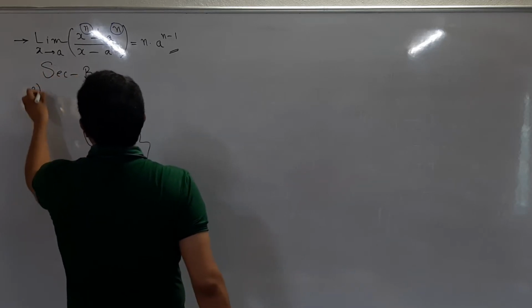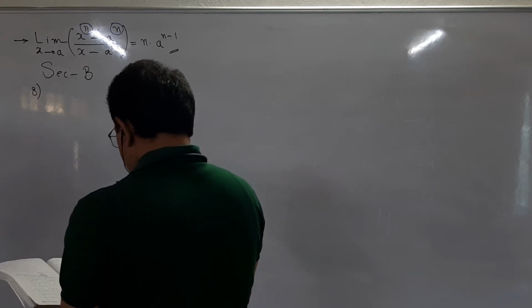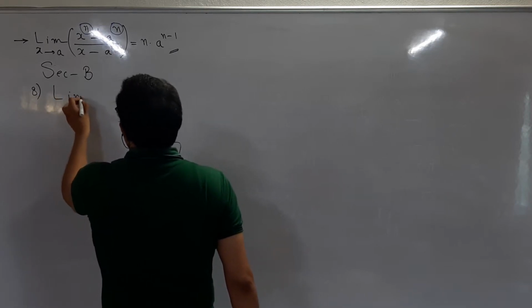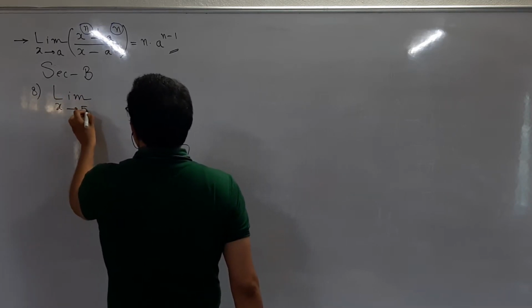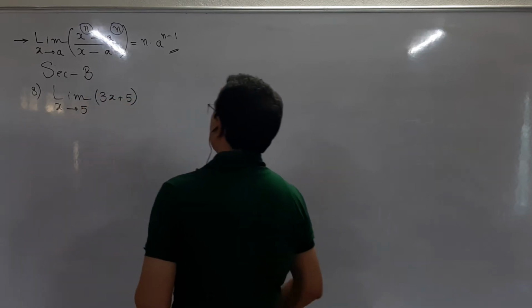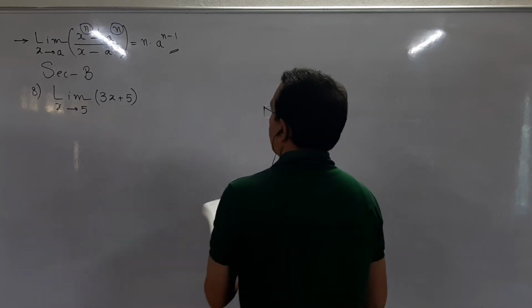Section B, we start with the 8th sum. Find the value of limit x tends to 5, 3x plus 5. Okay, this is very simple. Then let us do the 9th question.